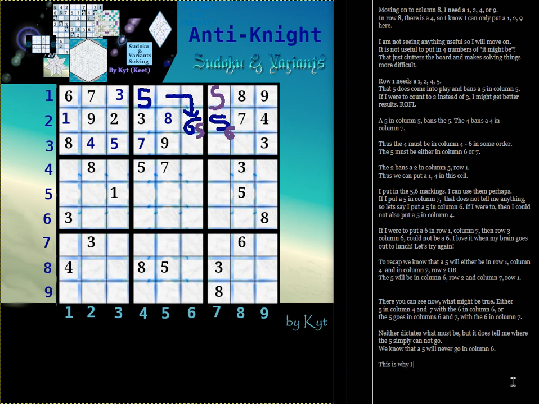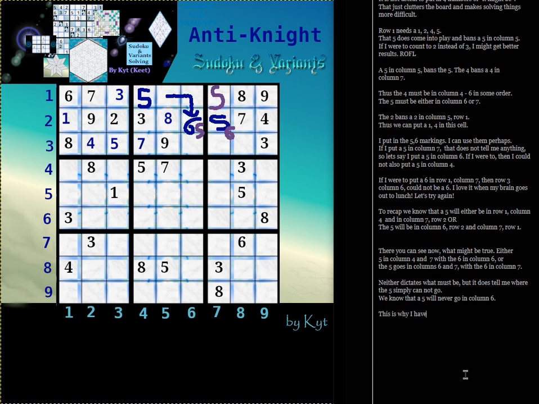This is why I redo my Sudoku videos and only put up the good ones. Notice the 5 in column 4. It cannot take a 5 regardless.